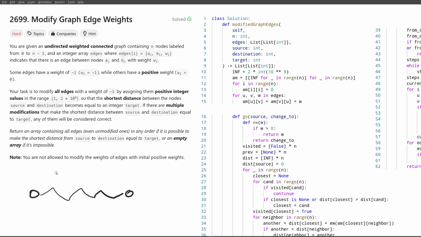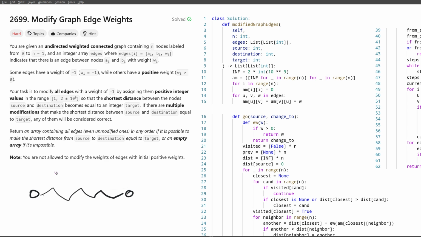Because now maybe we can take some of those edges and make them more expensive to push the cost upwards. And in particular, here we see that previous special case, because if that shortest path does not use any edge that we add, and it's still smaller than target, then it's impossible for us to do anything about it.